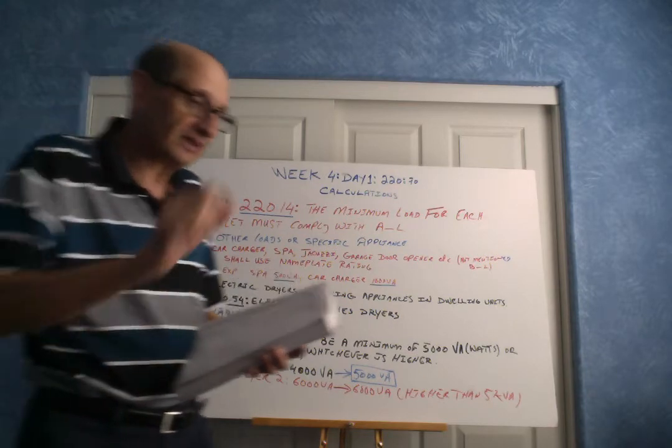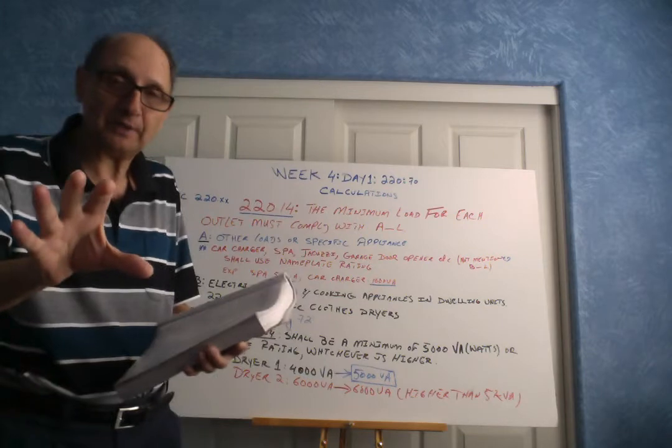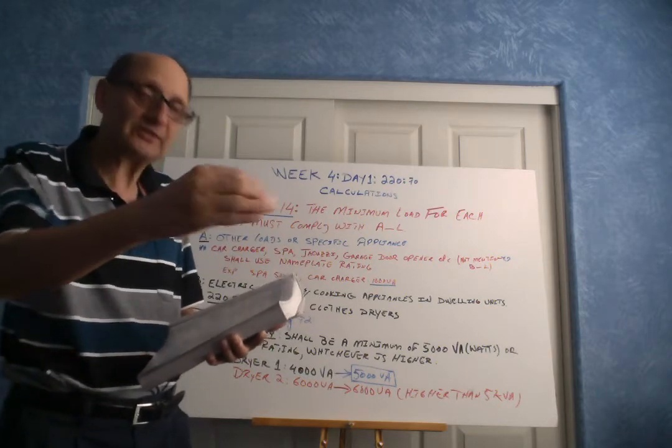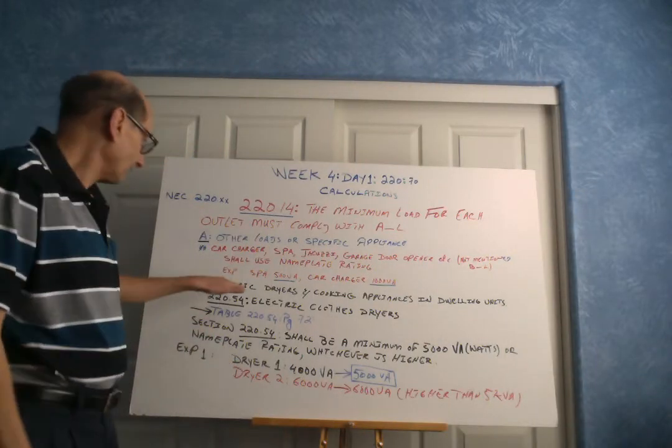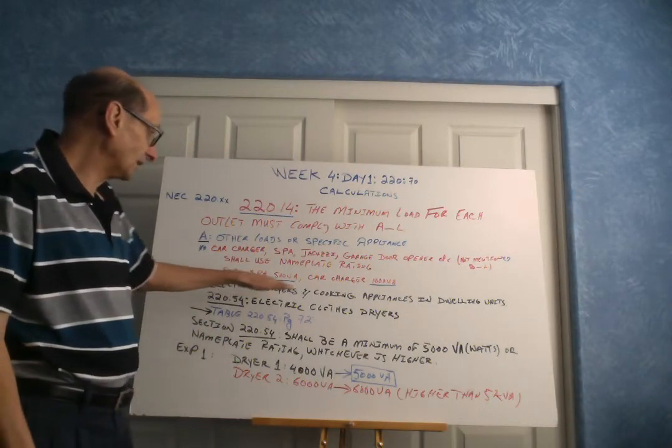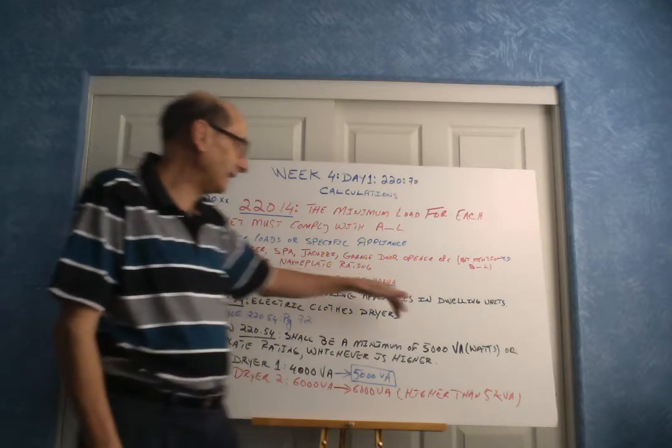When it comes to the ranges and cooking appliances, they are talking about your kitchen equipment. So please take a look at them. Again, electric dryers and cooking appliances in dwelling units.